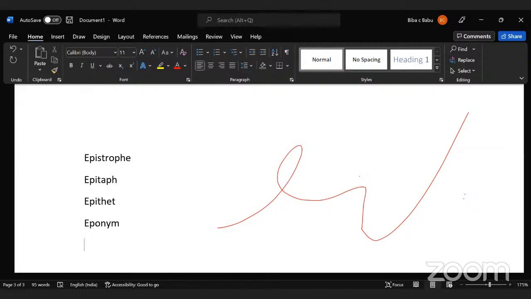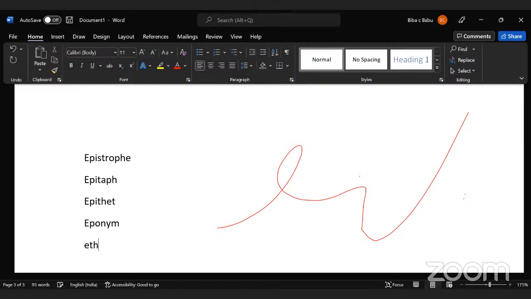For example, Homer's book Odyssey is the story of Odysseus. Elizabethan age is the age of Queen Elizabeth. Ramayana is the story of Ram. So when the name of a person appears in the title of a book or the name of a city, it is called eponym.